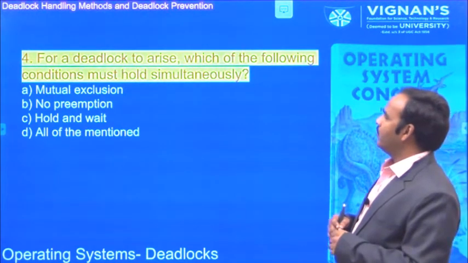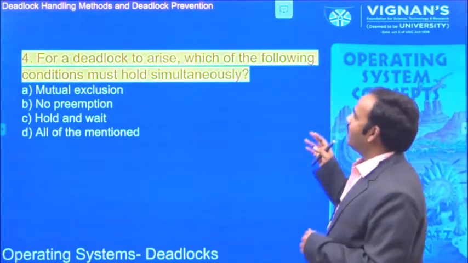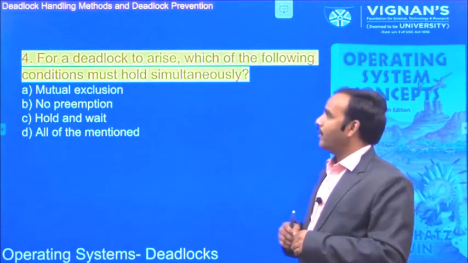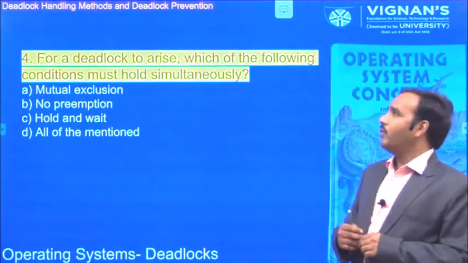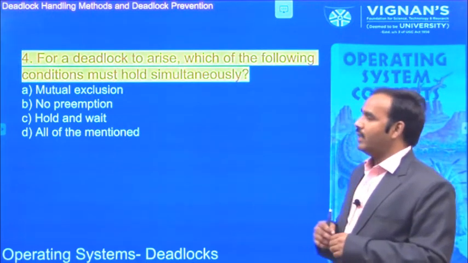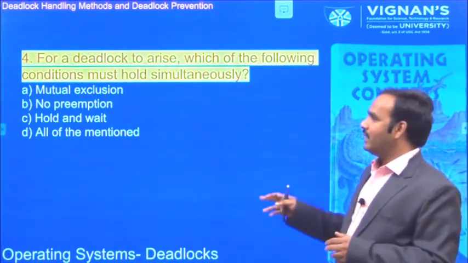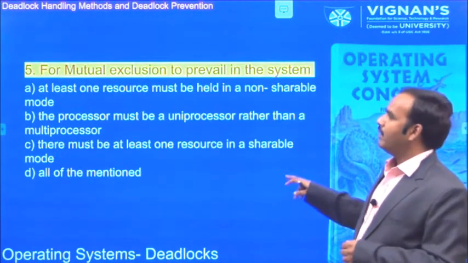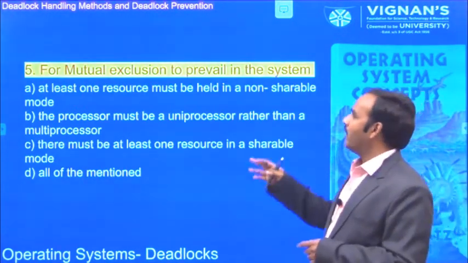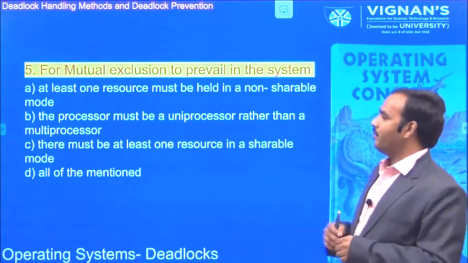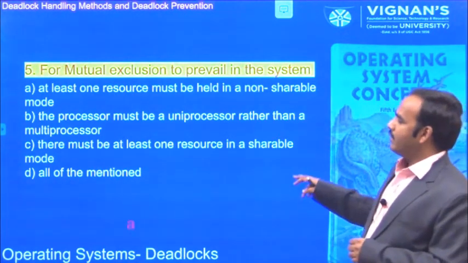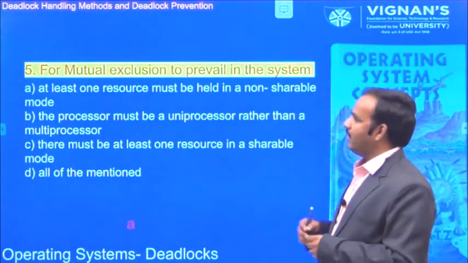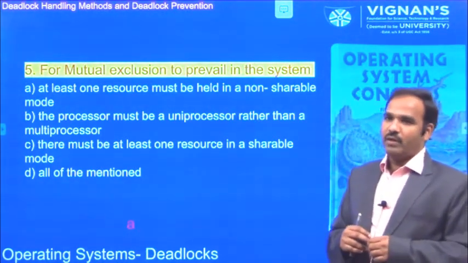Next, for a deadlock to arise, which of the following conditions must hold simultaneously? The answer is all of the mentioned. And the fourth question: for mutual exclusion to prevail in the system, the answer is A, at least one resource must be held in non-shareable mode.